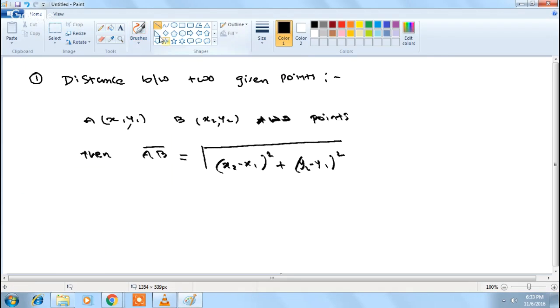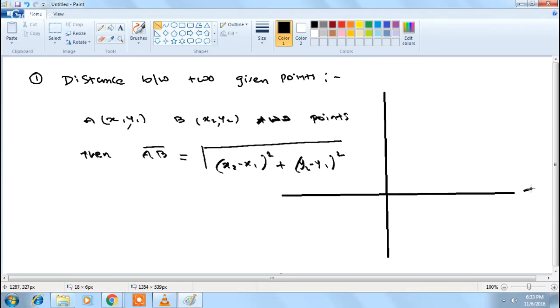Actually, let us consider two different points in the quadrant system. Here the point x1, y1.